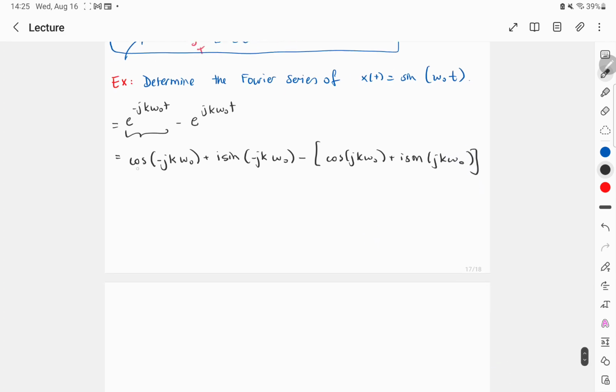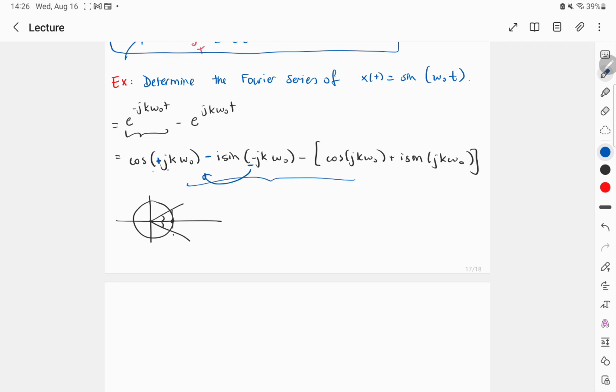And then, as we know, this minus over here can be eliminated, because the negative of an angle and the positive of an angle give the same cosine value, so we can basically see this as plus. And then this minus sign will go outside, and we will put it here.